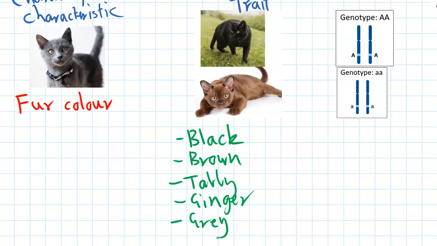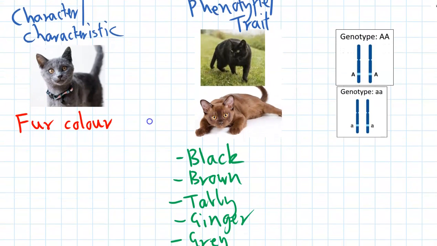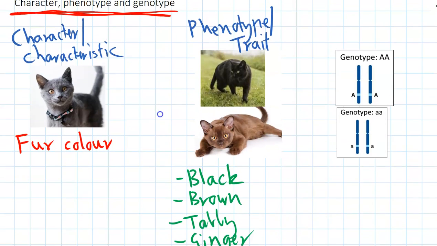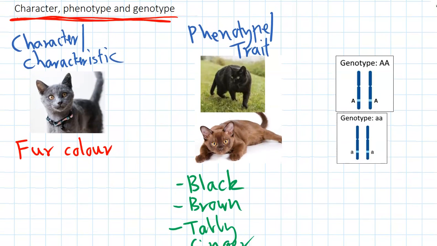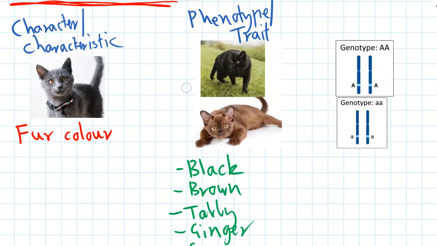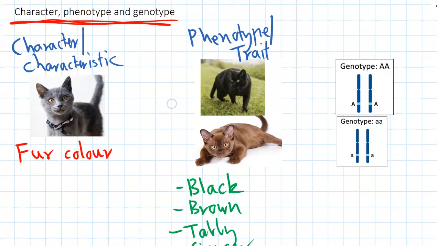So for fur color, there's quite a few different phenotypes or traits that an individual cat could have. So we're just going to look at a black and a brown example here. So phenotypes are what you actually see, the trait that you see. Genotype is the actual genes that cause the phenotype.